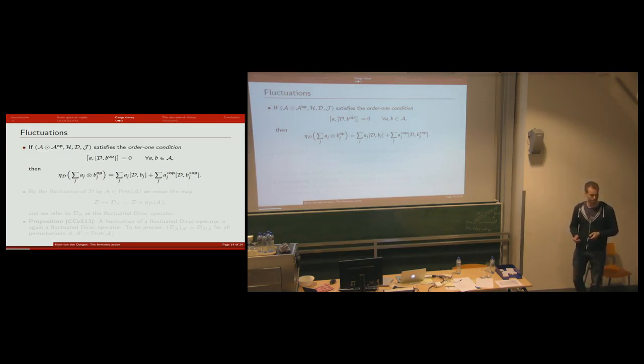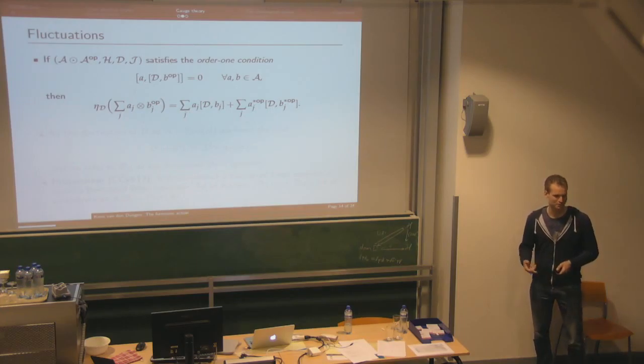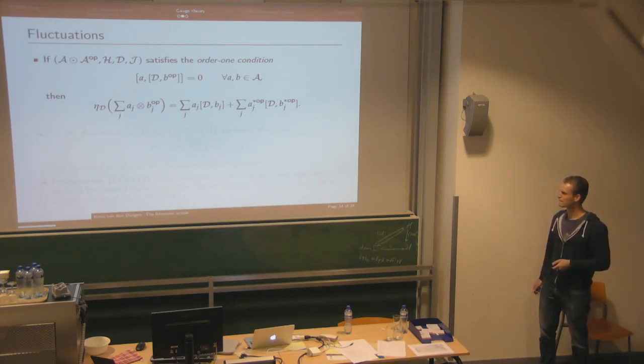Also, taking the star in the algebra commutes with the representation. I also want the representation to commute with the fundamental symmetry. So the star adjoint in the algebra is the same as the Krein adjoint in the Krein space, which is mostly because it's the same as the usual Hilbert space adjoint, and it commutes with the fundamental symmetry.